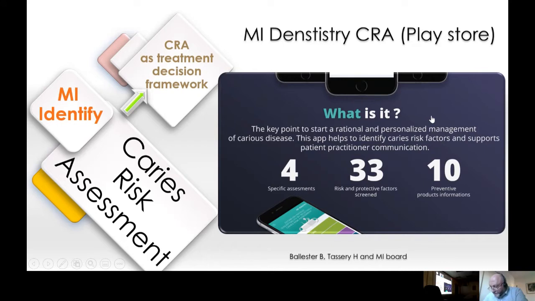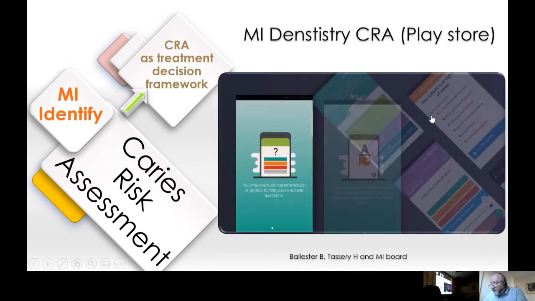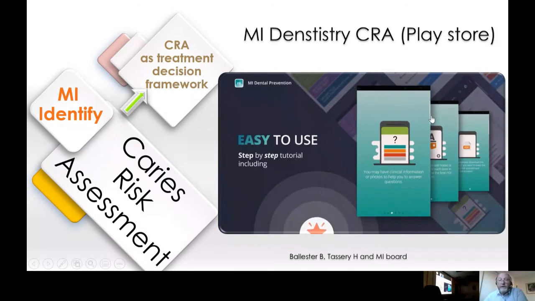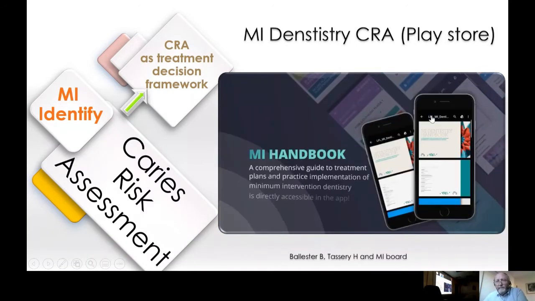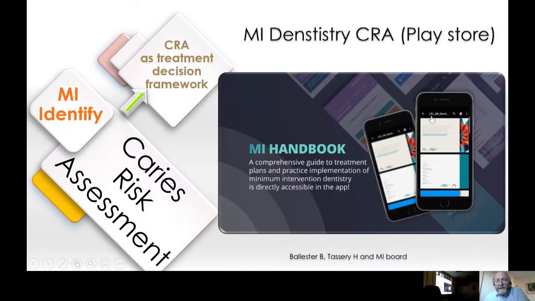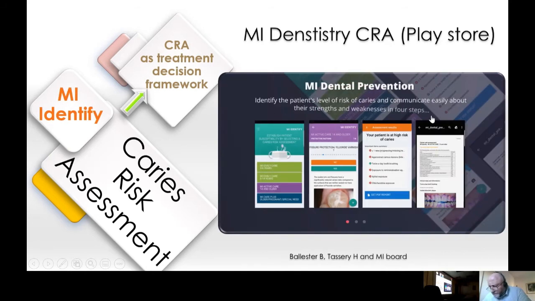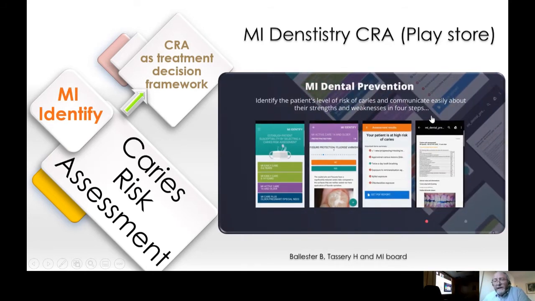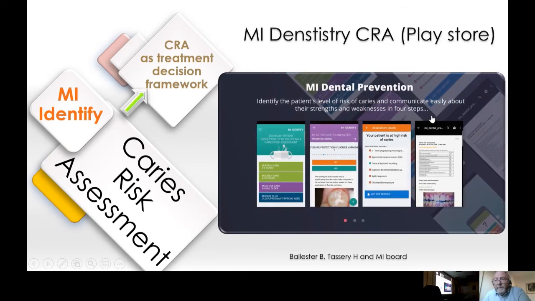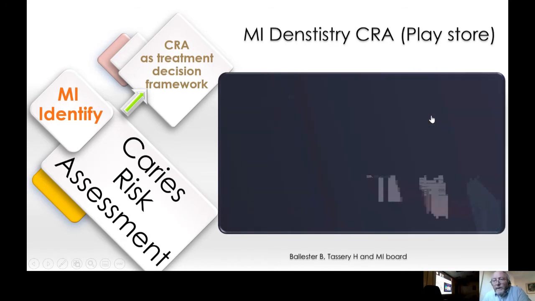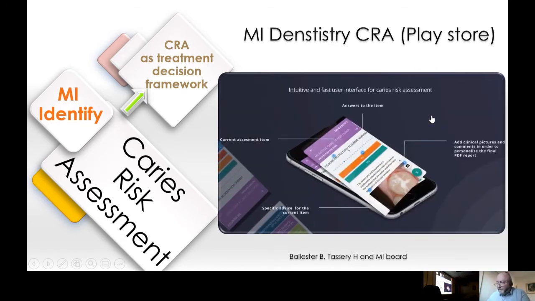To simplify this task, an application has been developed to make the caries risk assessment step much easier for the general practitioner. You can retrieve it on the Play Store, and the name is MI Dentistry CRI. So we can share it and then eventually make some mutual research about it.